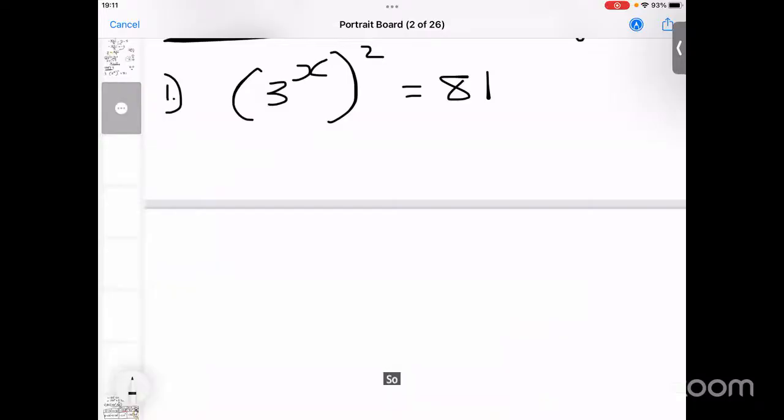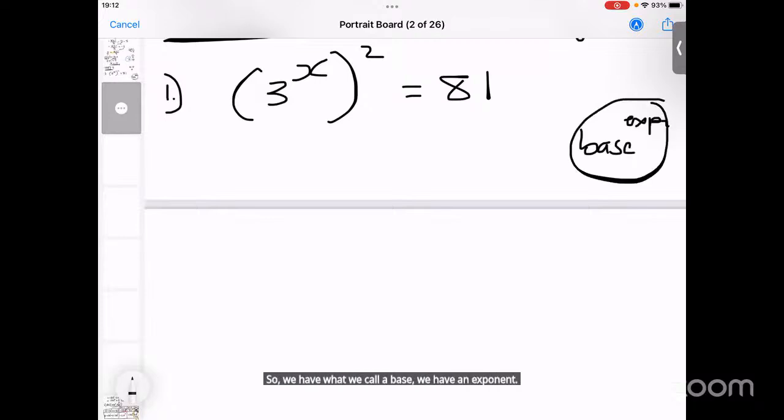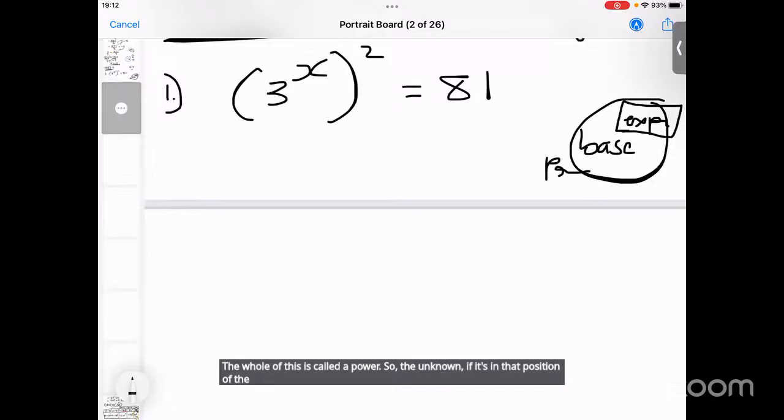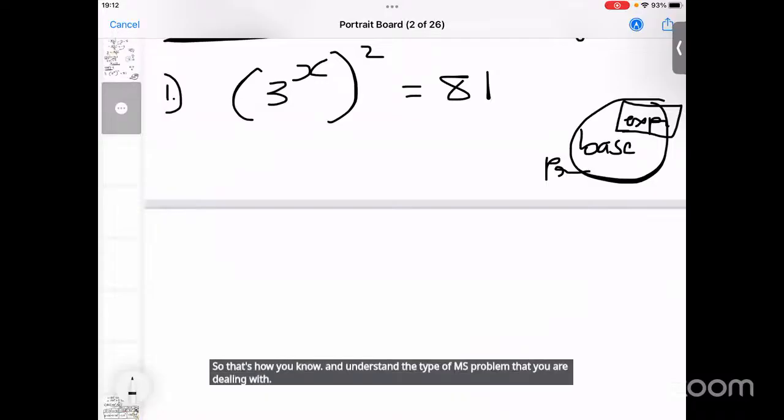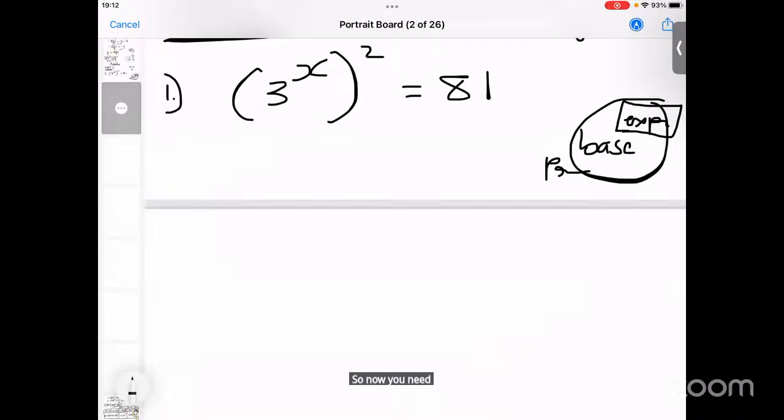So we have what we call a base, we have an exponent. The whole of this is called a power. So the unknown, if it's in that position of the exponent, it means we will have to apply the laws of exponents. So that's how you know and understand the type of math problem that you are dealing with. So now you need to be able to apply the laws of exponents.